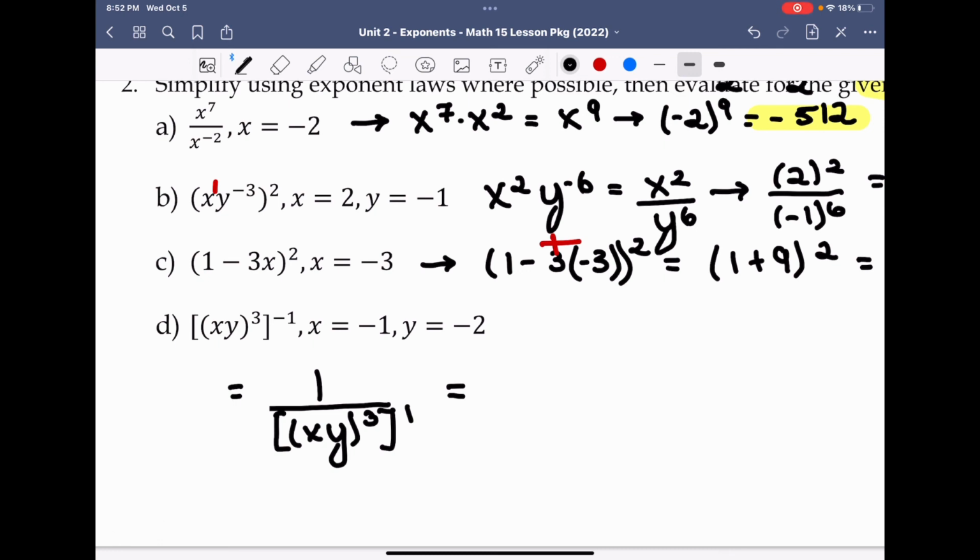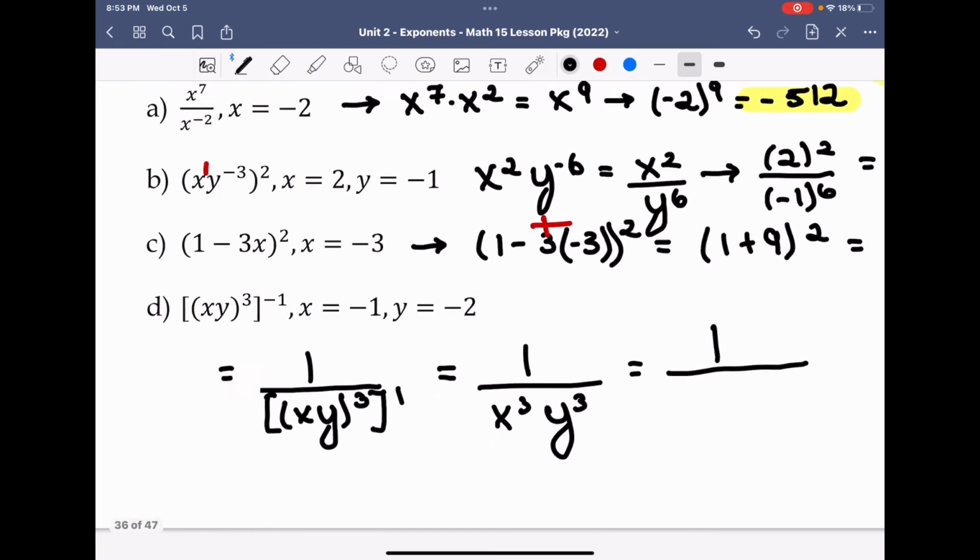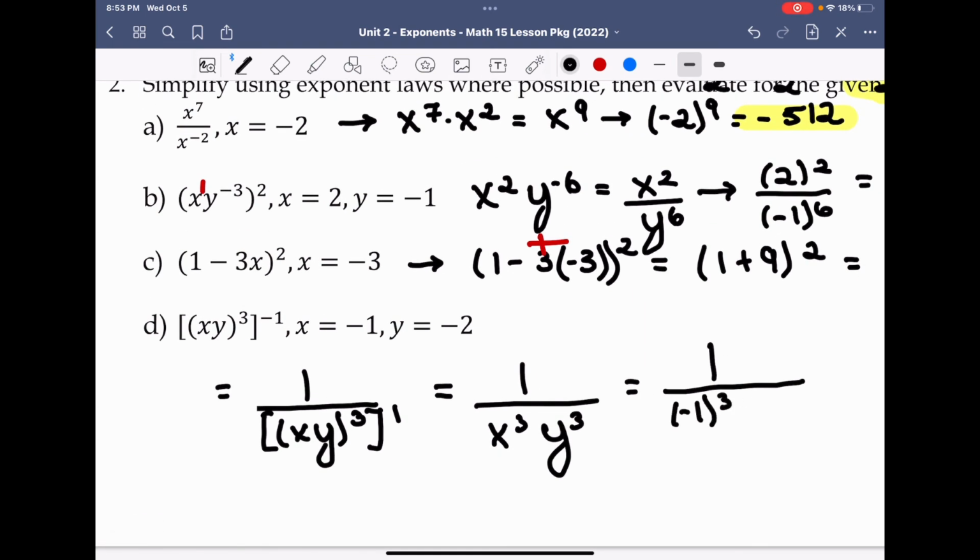Now, by substitution, I have 1 over, and now in brackets, I have negative 1 times. Actually, you know what we should do? We should even distribute using power rule. So I have a 3 on the outside, and I want to distribute it to both of the variables. That means this is going to be equal to 1 over x cubed, y cubed. Once I've distributed this, I have 1 over, and now I need to substitute in brackets, negative 1 cubed for x, negative 2 cubed for y.